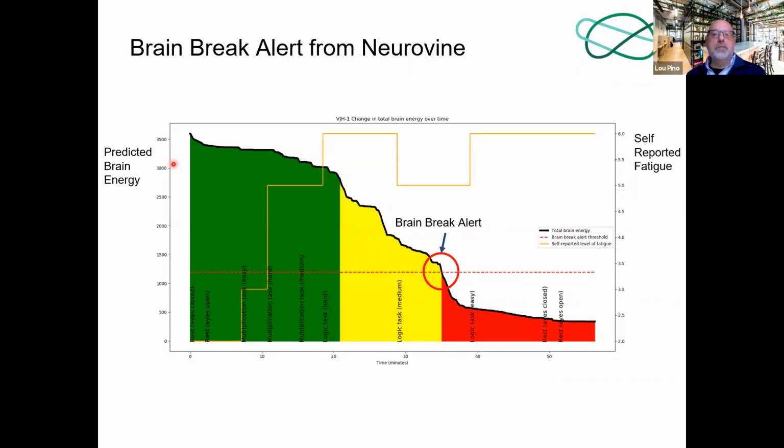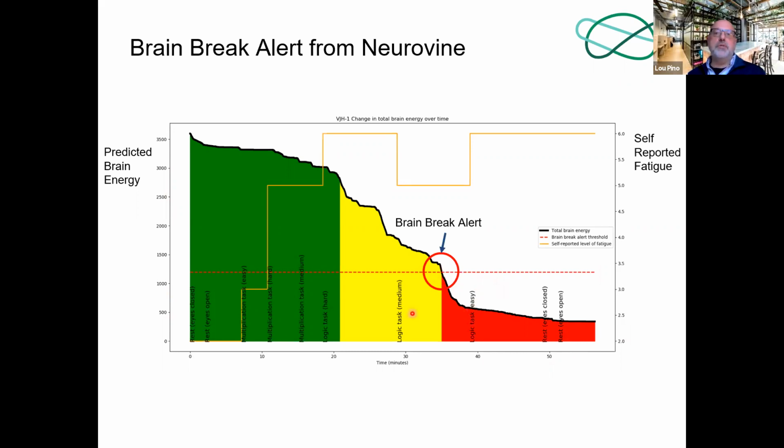The y-axis shows brain energy, and the dashed red line is the threshold of brain energy that will create a brain break alert. The x-axis is time in minutes. So the brain break alert happens here, where brain energy crosses the threshold joined by the dashed red line.